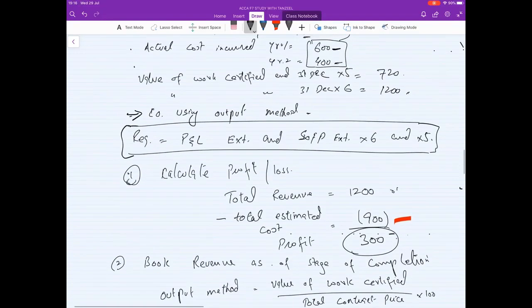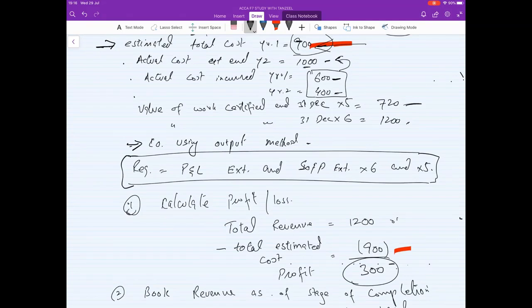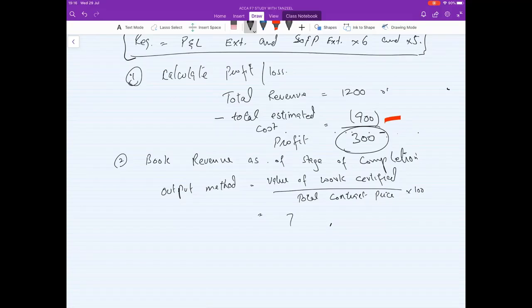Value of work certified for X5 is 720, divided by total price 1200, into 100. It means how much work has been done. Let's see, 60% of the work has been done.